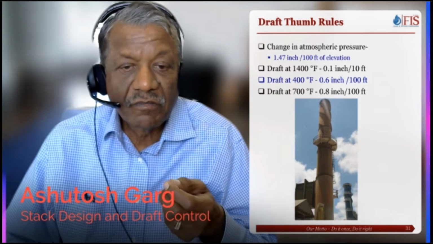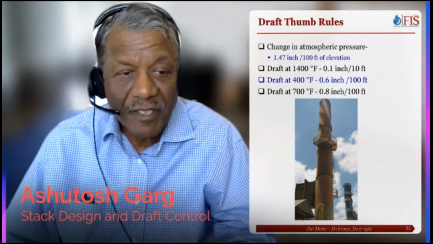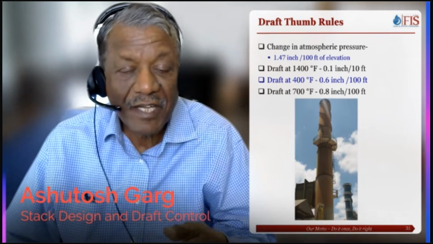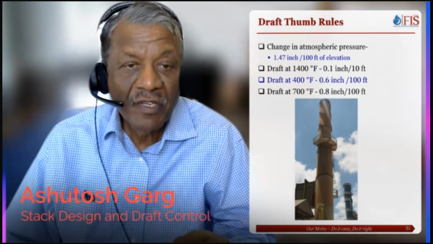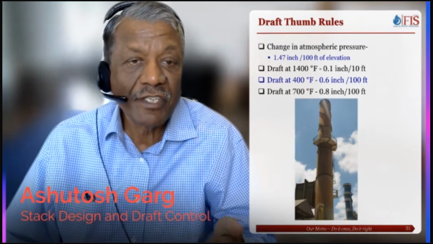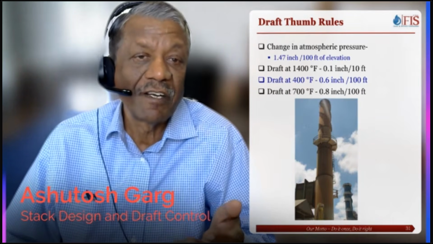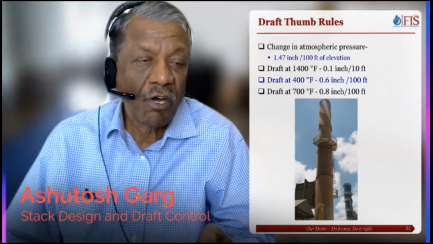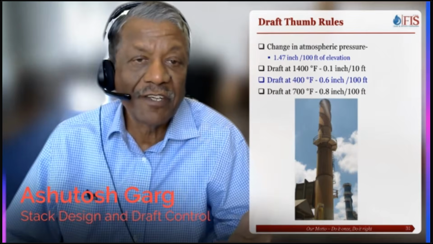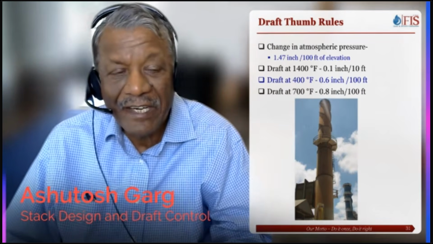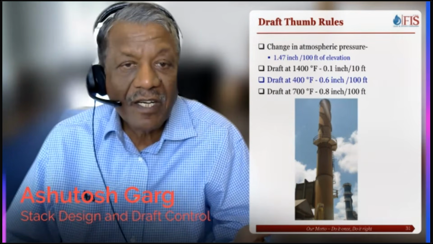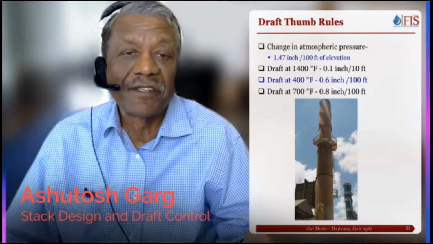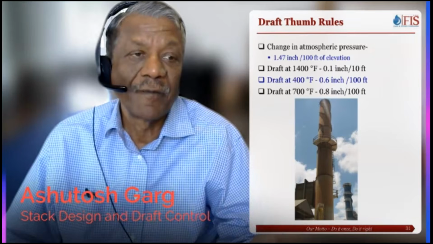But what people did not realize was that one site, Tula, was at 6,000 feet elevation, 2,000 meters above sea level, and the other site was at sea level. So how can the two be the same heaters? You cannot have the same heaters even though the duty and everything is identical. It will not be the same. It will have to be different.